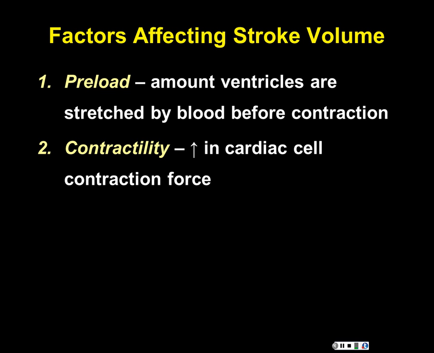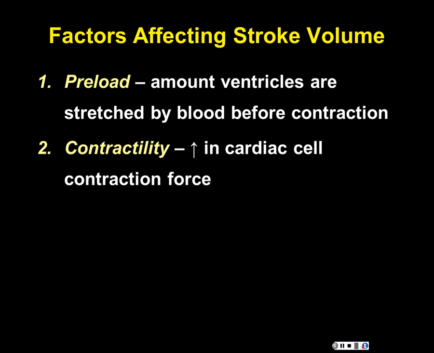Something you may not have thought of before is the force of contraction of the myocardial cells of the heart, of the atria versus the ventricles. Your heart doesn't beat as strong under every scenario. When you're asleep, your heart has to beat, but not as forcefully as when you're trying to carry a 200-pound bag up a flight of steps. Your heart's going to have to beat really strong in that scenario.